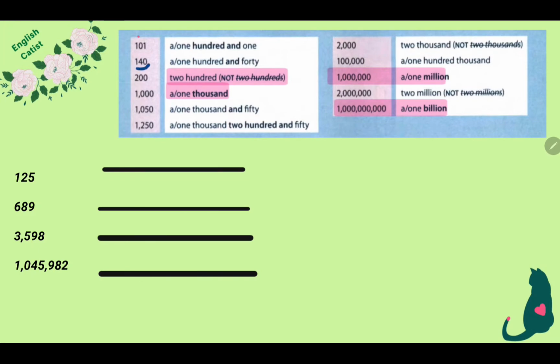The other one, 140. So we write the first number like here, 1. After that 100 and the rest of the number, you know that it is 40.